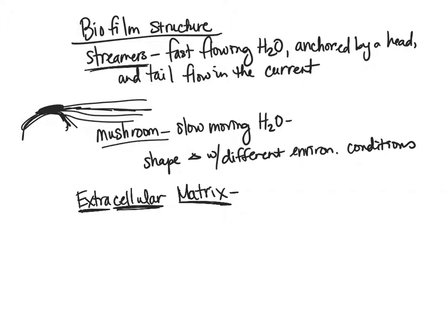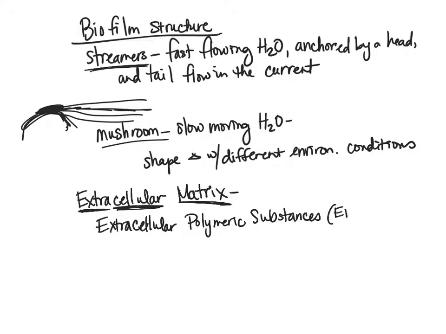This extracellular matrix, we see this in lots of different types of cells. In biofilms specifically, they're called extracellular polymeric substances. So what is making up the extracellular matrix in these biofilms are called extracellular polymeric substances, or EPS.